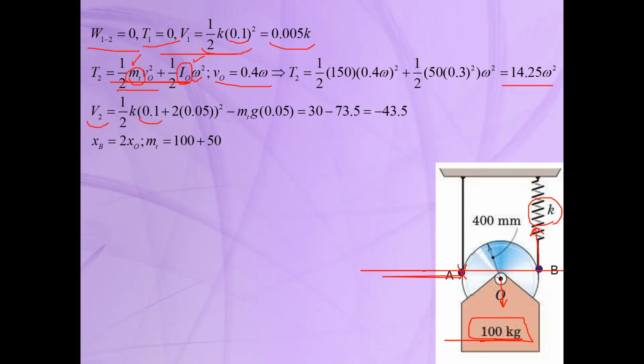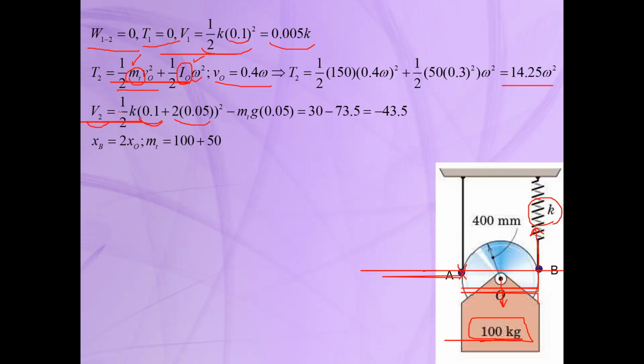When point O goes down by 50 millimeter, point B will go down by 2 times 50 millimeter. Okay, so x is equal to the initial stretch, which is 0.1, plus 2 times 0.05, or 50 millimeter, which we converted into meter, and finally it must be squared.